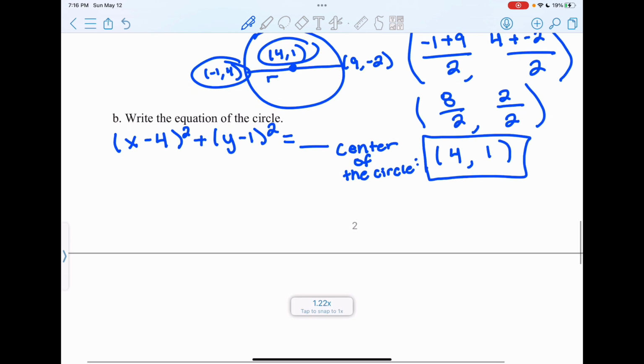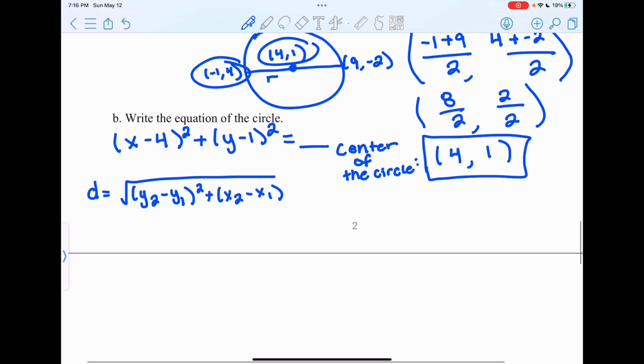So once again, the distance formula is y2 minus y1 squared plus x2 minus x1 squared. And I'm going to use the points negative 1, 4 and 4, 1. I'm going to say that this point is x1 and y1, and this point will be x2, y2.